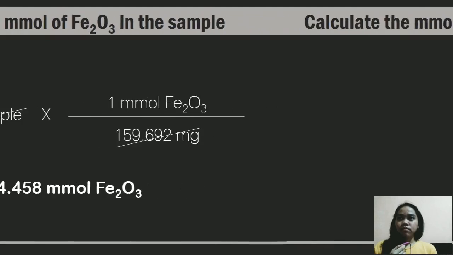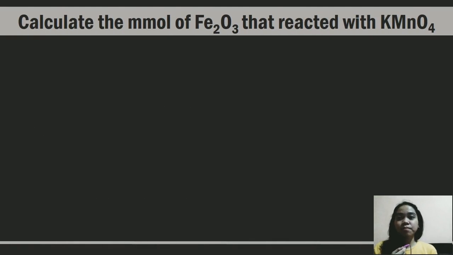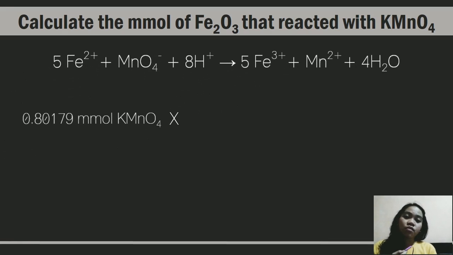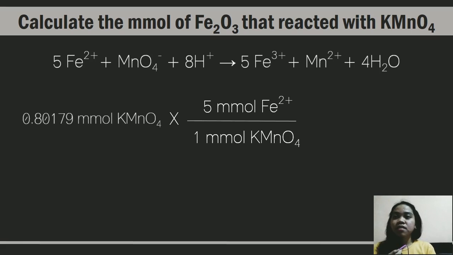Now, let's calculate the millimoles of ferric oxide that reacted with potassium permanganate. Earlier, we solved for the millimoles of the potassium permanganate, 0.80179. Let's multiply that by the relationship of KMnO4 and the Fe that we got in our overall reaction.